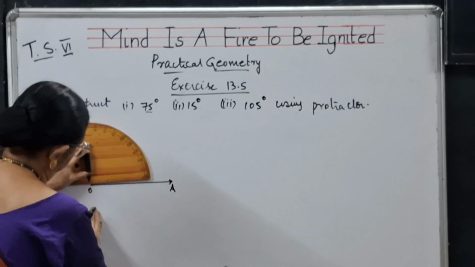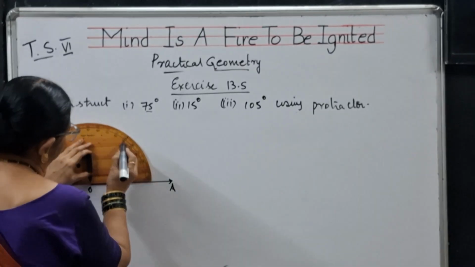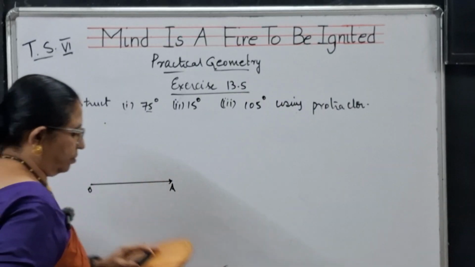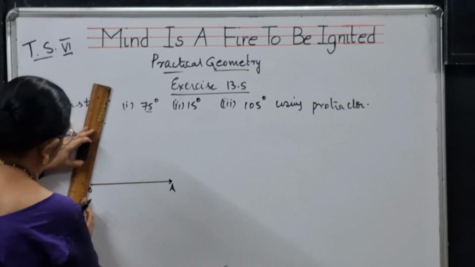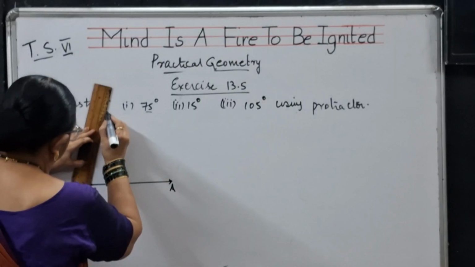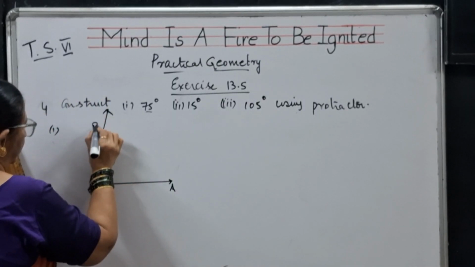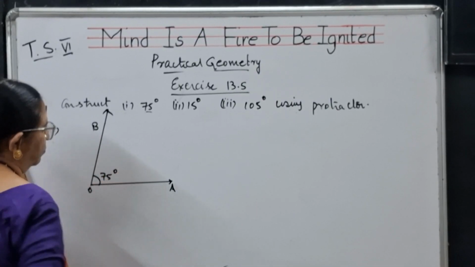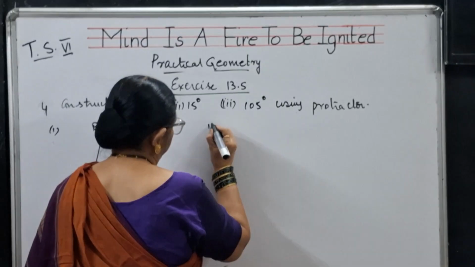So here this is 0 degrees, 60, 70, 75. So this is angle BOA, 75 degrees. By using protractor you have done.